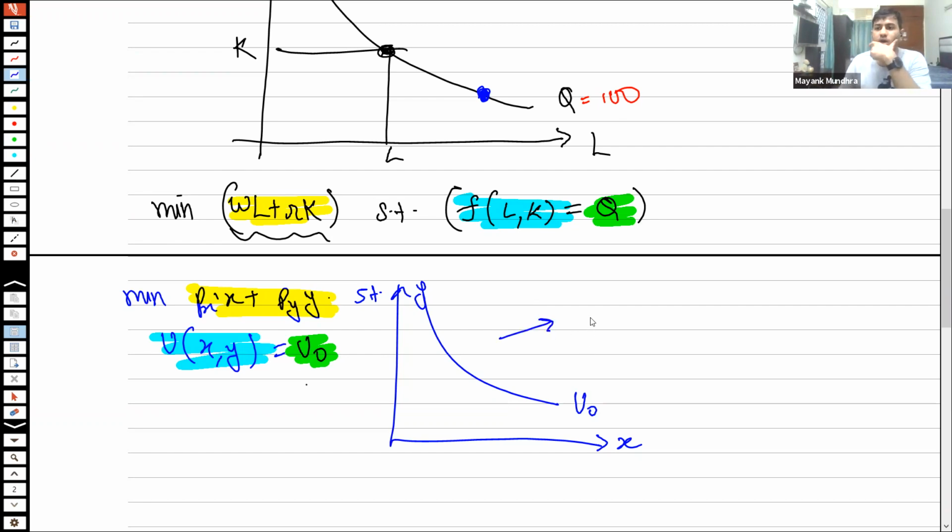Okay, so let me ask this to Kritika. Kritika, for the expenditure function, what used to be the equations?